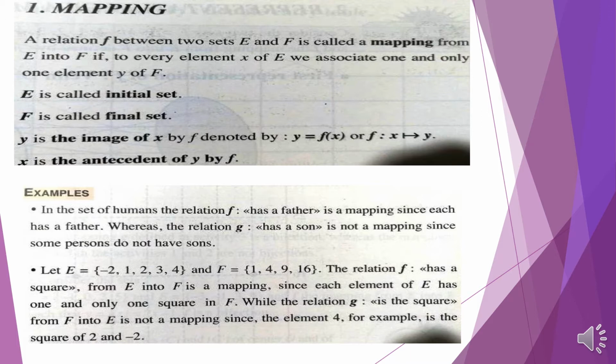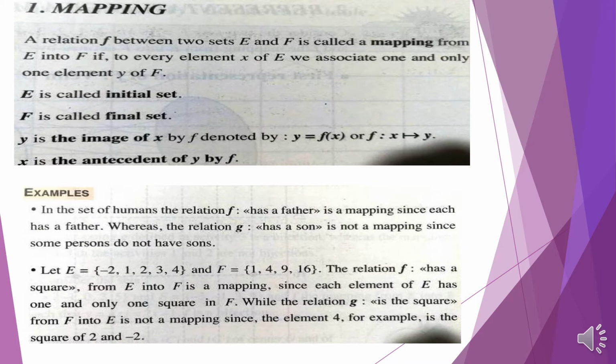Each element of E has an image in F by what? By the relation F. So what is F of minus 2? F of minus 2 is 4 in F. F of 1 is 1. F of 2 is 4. F of 3 equals 9. F of 4 equals 16.